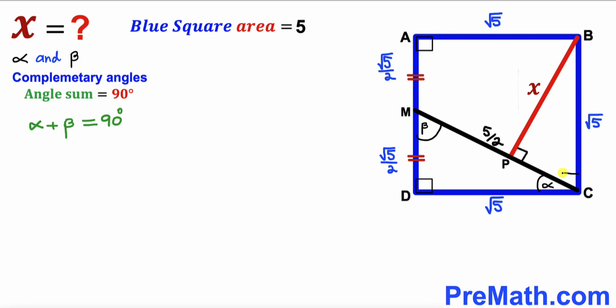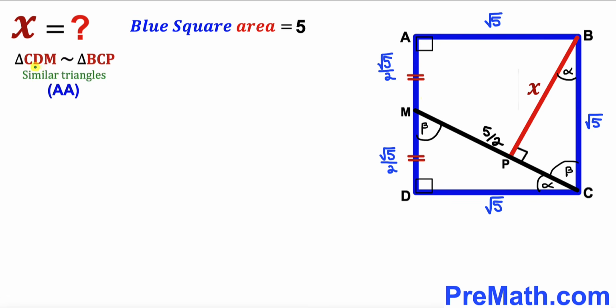We know this whole angle is 90 degrees, and this angle is alpha, so this angle has got to be beta. Finally, in this right triangle BCP, if this angle is beta and this angle is 90 degrees, then this angle has got to be alpha.